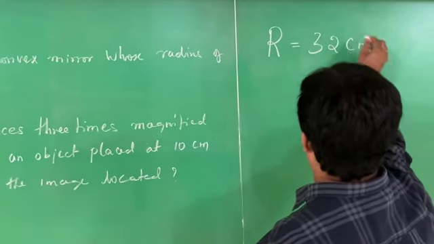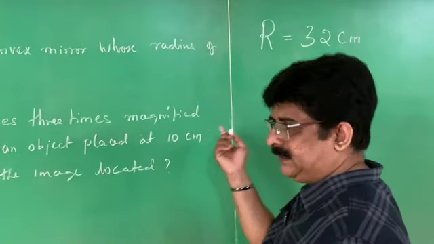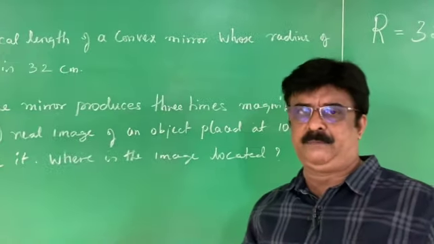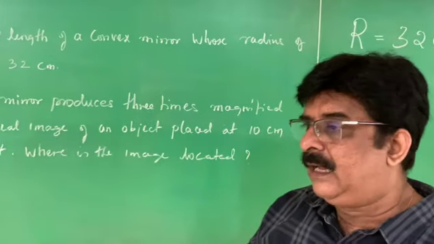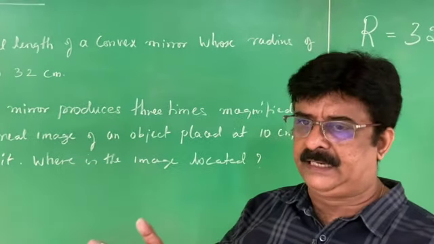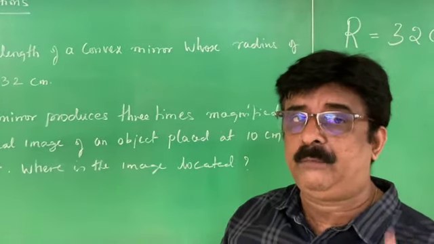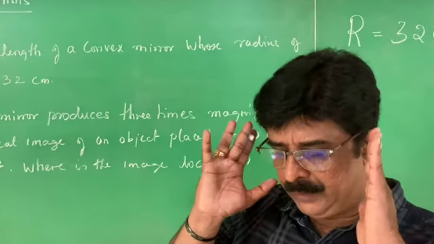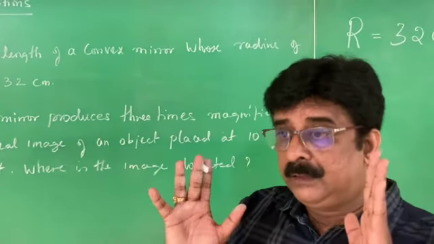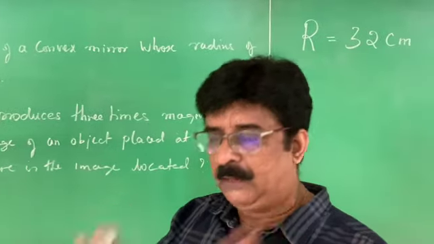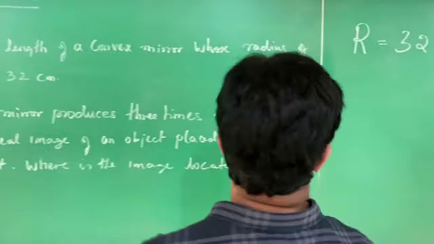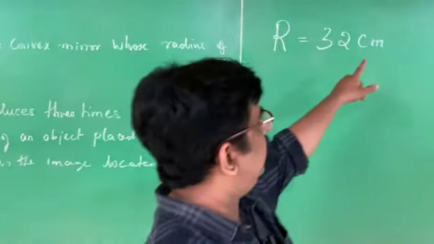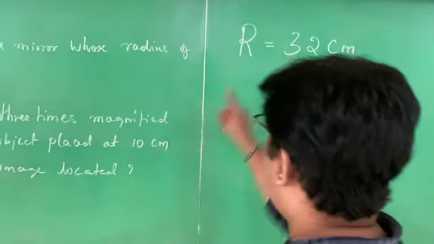The first problem was given in meters. Here it is given in centimeters. Students should be able to understand the concept of meter and centimeter. 1 meter is equal to 100 centimeters. Always remember, it is general knowledge, common sense. 1 meter is equal to 100 centimeters. R is equal to 32 centimeters. R means what? Radius of curvature.